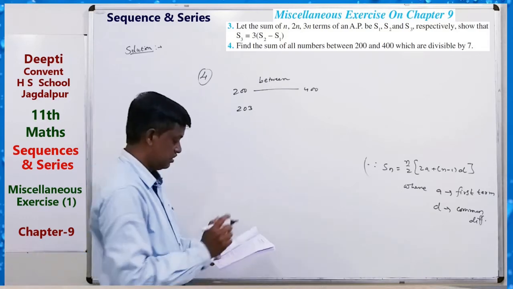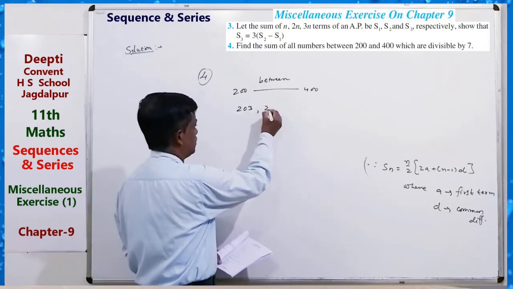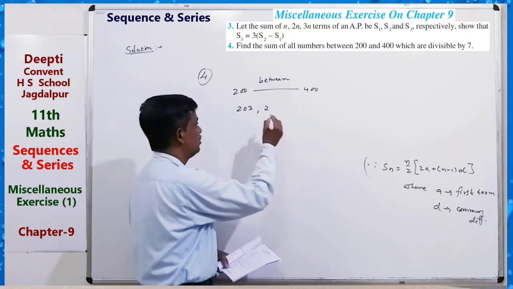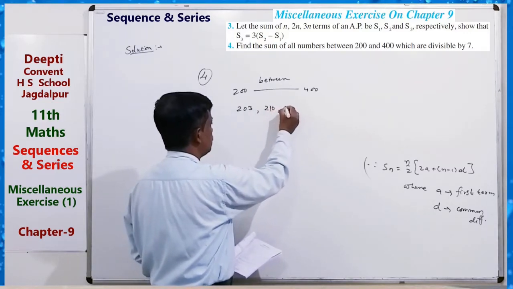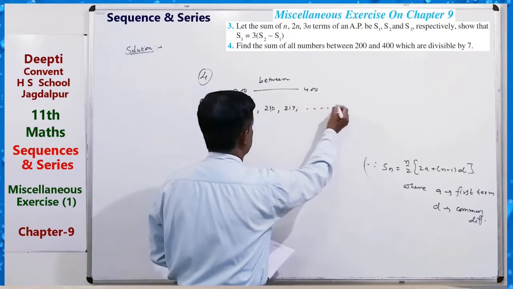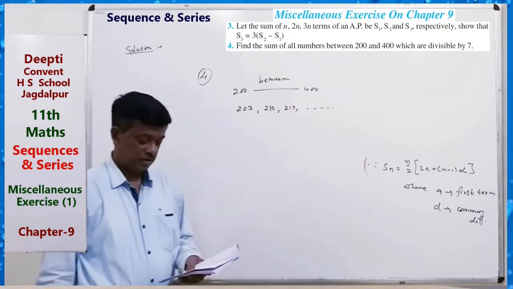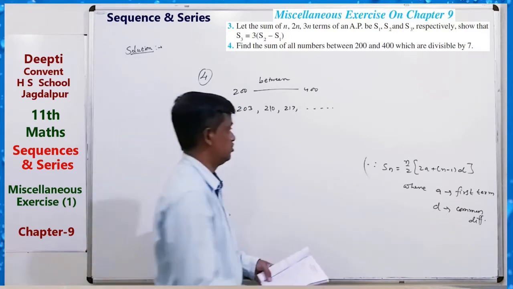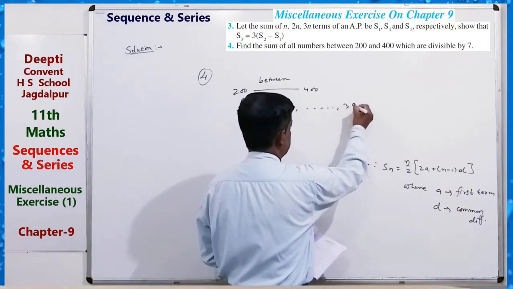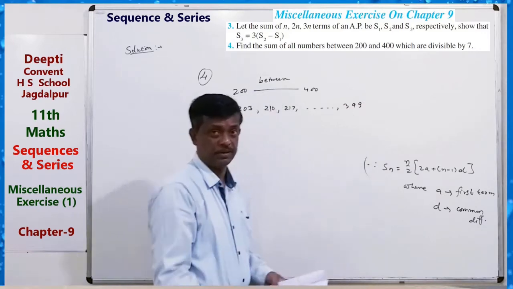The next number divisible by 7 is 3 plus 7, 10, so 210, 217, and so on up to the last one: 399 is also divisible by 7. So these are the numbers.